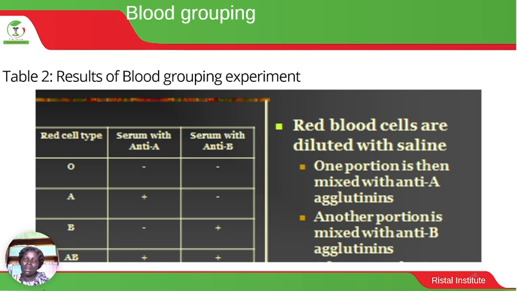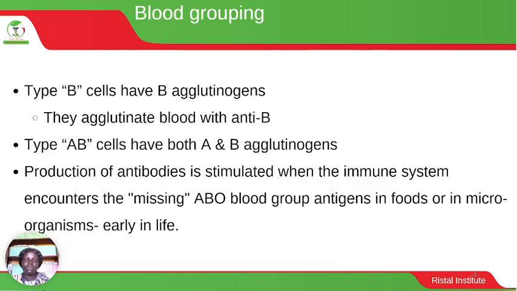Red blood cells are diluted with saline. One portion is then mixed with the anti-A agglutinins. Another portion is mixed with the anti-B agglutinins. Type B cells have B agglutinogens, so they agglutinate with anti-B.